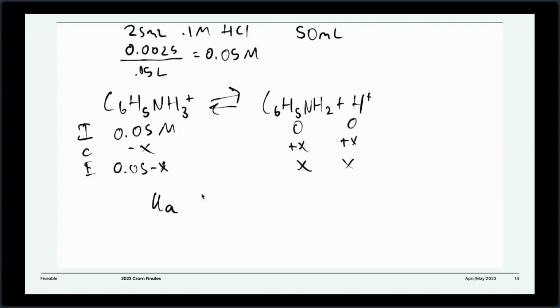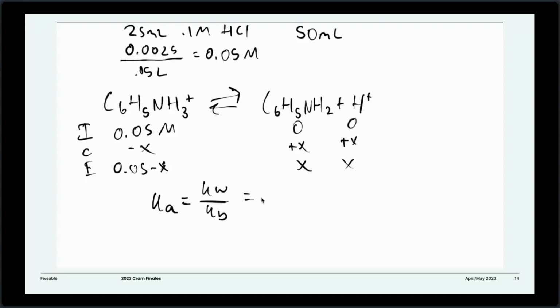We need to find our Ka, and to find our Ka, we do Kw over Kb, or the equilibrium concentration when water is in self-ionization, over the equilibrium concentration of our base.